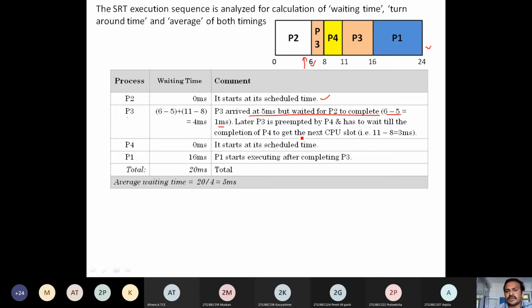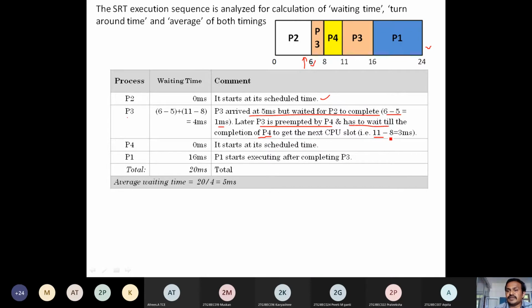Second time also it has waited. P3 is preempted by P4 and has to wait till the completion of P4 to get the next CPU slot. So what is the waiting time then? It is preempted at the 8th millisecond and started again at the 11th millisecond.